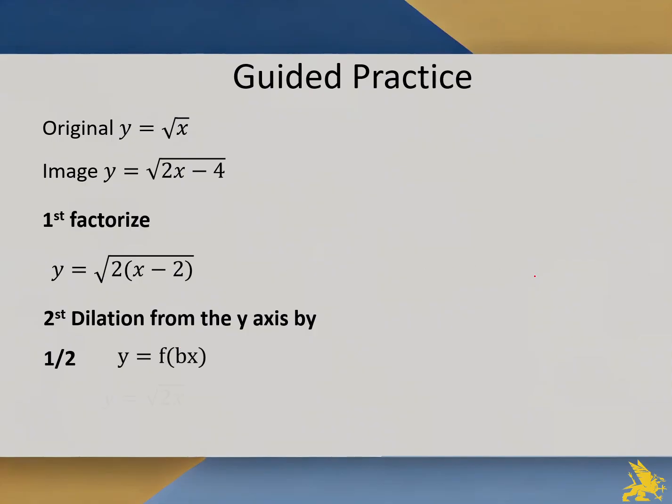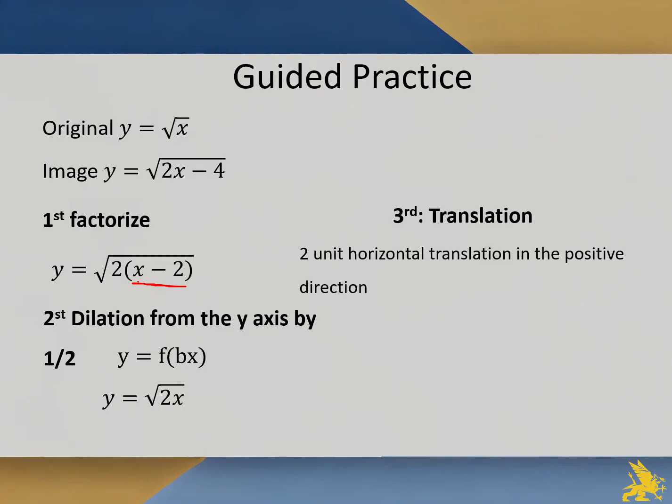The next thing we need to look at is that translation. We need to be looking at it in terms of the factorized form. So we've got x minus 2, which means it is going to be 2 in the positive direction as our horizontal translation.